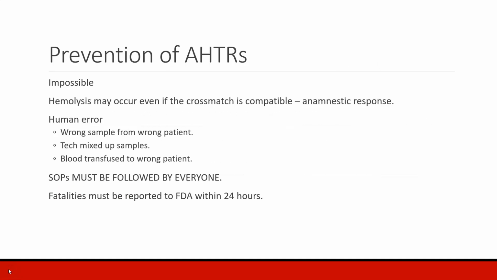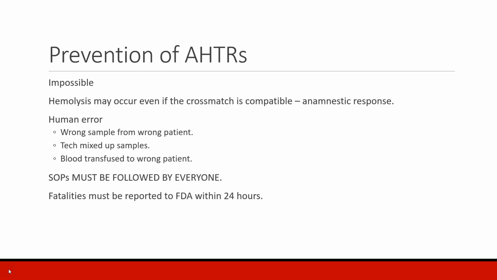Can we prevent all acute hemolytic transfusion reactions? Absolutely not. It's impossible. Hemolysis may occur even if the cross-match is compatible due to an anamnestic response. The patient was transfused years ago and made an antibody.